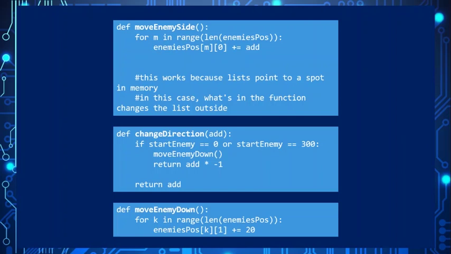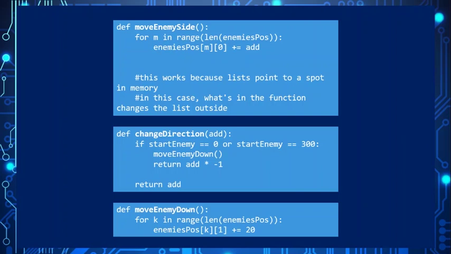Our second function is change direction. This checks to see if the enemies have hit the right or left side. This is where our value of start enemy is important, because it checks how far to the left or right the entire group of enemies has moved. If it reached 0 or 300, that means that either the leftmost enemy hit the left wall or the rightmost enemy hit the right wall, and you're supposed to move the entire group of enemies down a row.